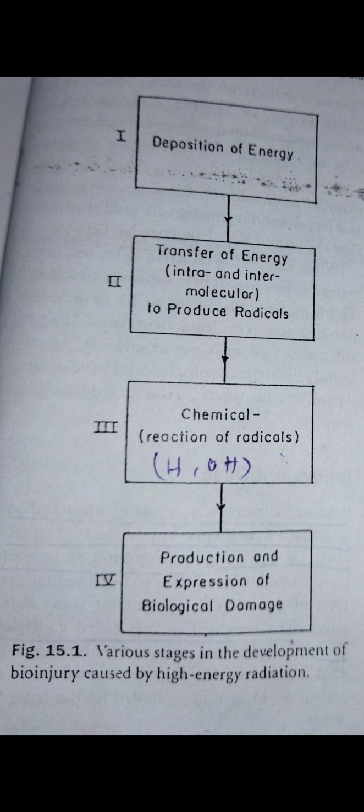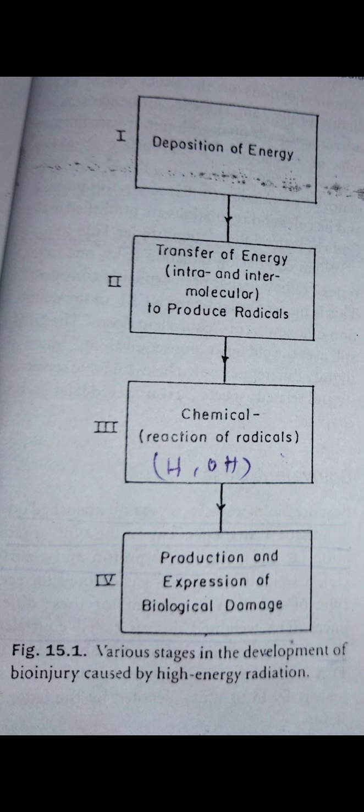The duration of this stage will be from milliseconds to several seconds, and the free radicals which were formed in the previous stage will react either among themselves or, more significantly, with other important biomolecules, for example the DNA and RNA, to produce alterations in them. The reactions of these free radicals with the most important biological molecules cause most of the radiation damage observed in the living system.